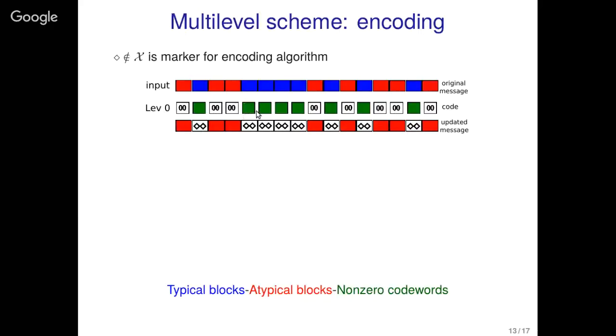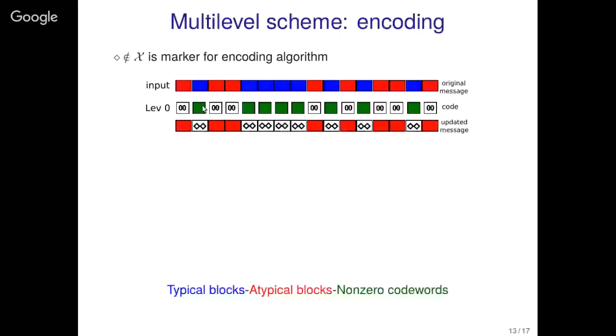If the sequence is atypical, then we store a 0 code to indicate that this sequence is atypical. If the sequence is typical, then we modify the original message. We place a marker at these places to indicate these parts have already been encoded, and the higher levels need not recompress these sequences. So to repeat, you partition the original message into blocks of very small sizes.